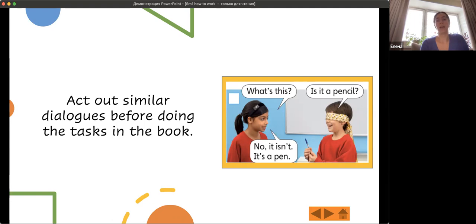Yes, like, is it a? And then whole word recognition works. They see pencil, so is it a pencil? And then they see the pen in his hands. So the girl answers, no, it isn't. If they know these phrases, it's very easy to do such tasks. So they practically read at this stage.